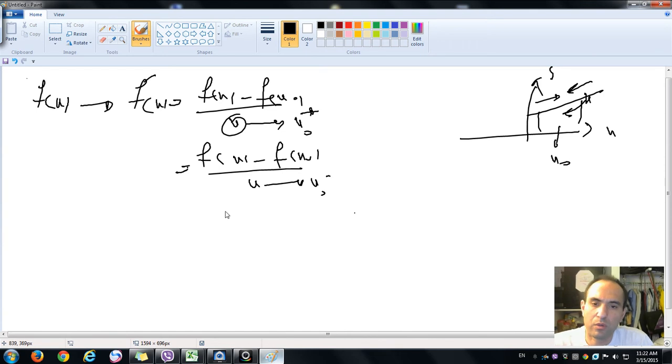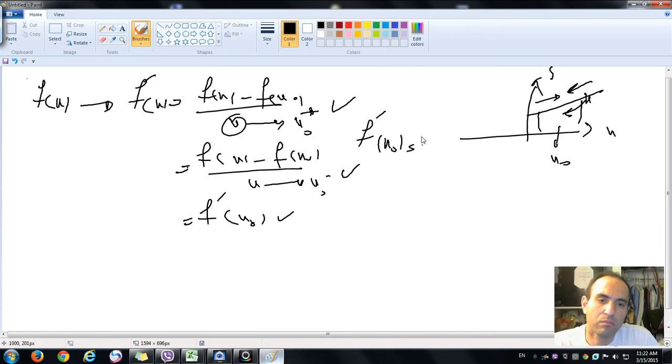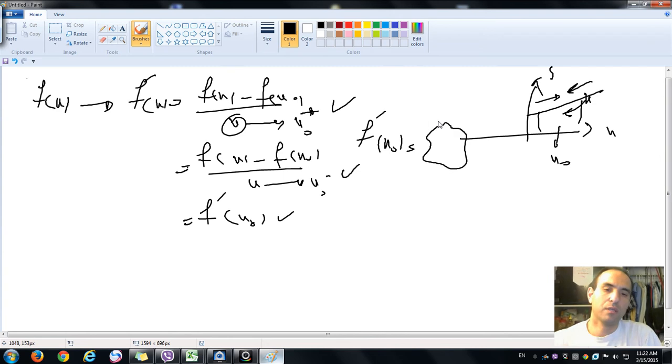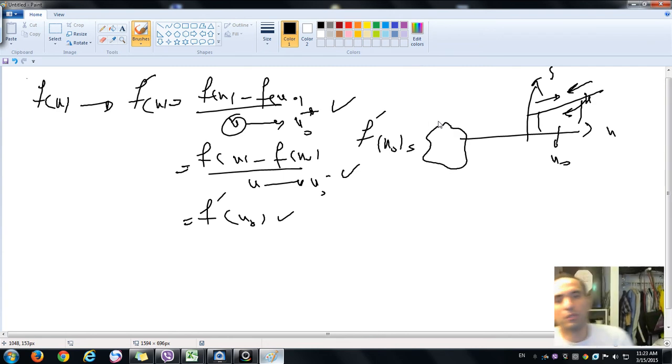And if this is going to be equal, the derivative f prime at x0 exists, a number or a function f prime.